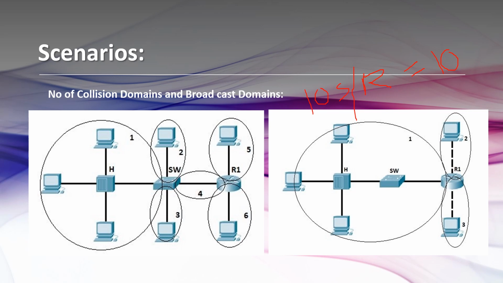If it is a 20 port switch, it has 20 broadcast domains. If it is a 15 port router, it has 15 broadcast domains. For a hub, whether it is a 20 port hub or 30 port hub, it will have only a single broadcast domain.